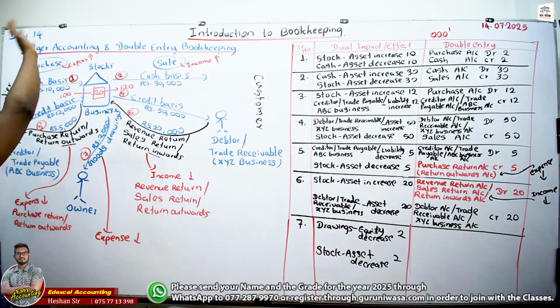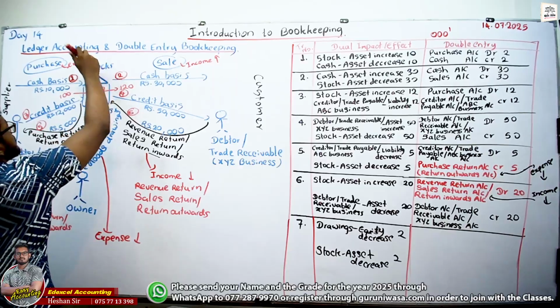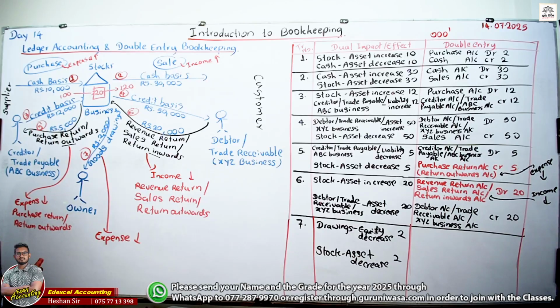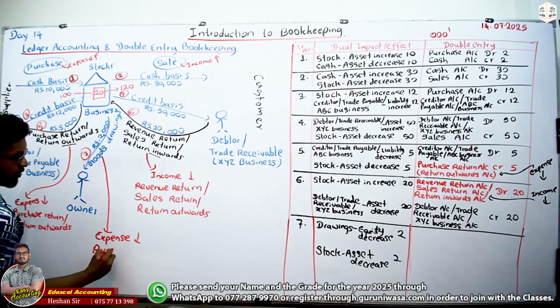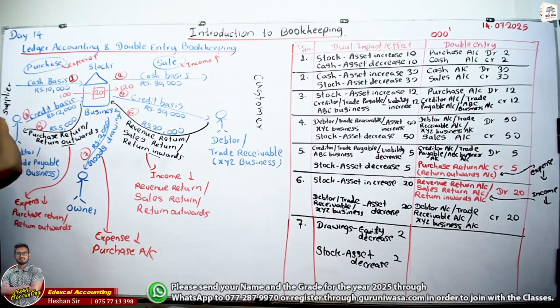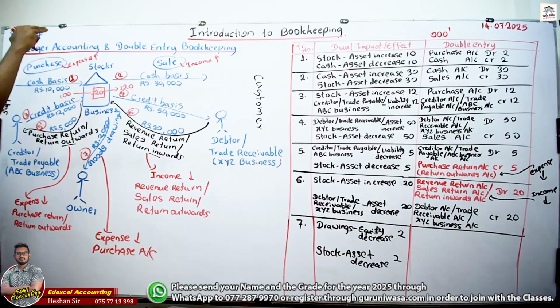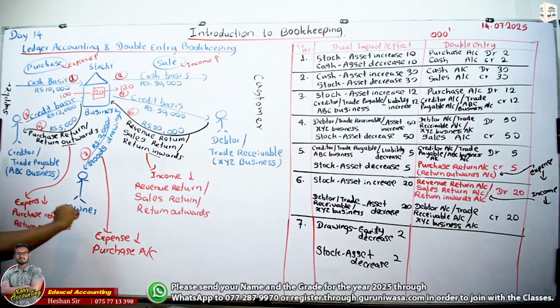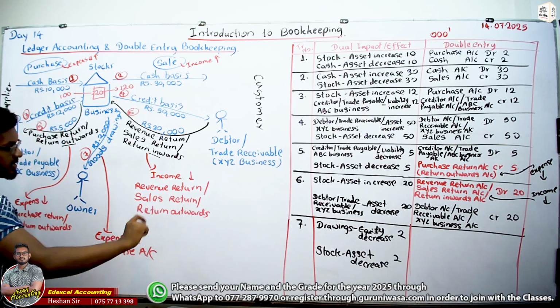When we purchase goods, purchase expense increase. When owner withdrew it, purchase expense decrease. Right? So we can write it on the purchase account. Only that is the thing. Just remember. When we purchase goods, purchase expense increase. So we debit to the purchase account. When we return the goods, we can't credit to the purchase account. We open a new account called purchase return account. But only when the owner withdrew the goods, we credit to the purchase account.